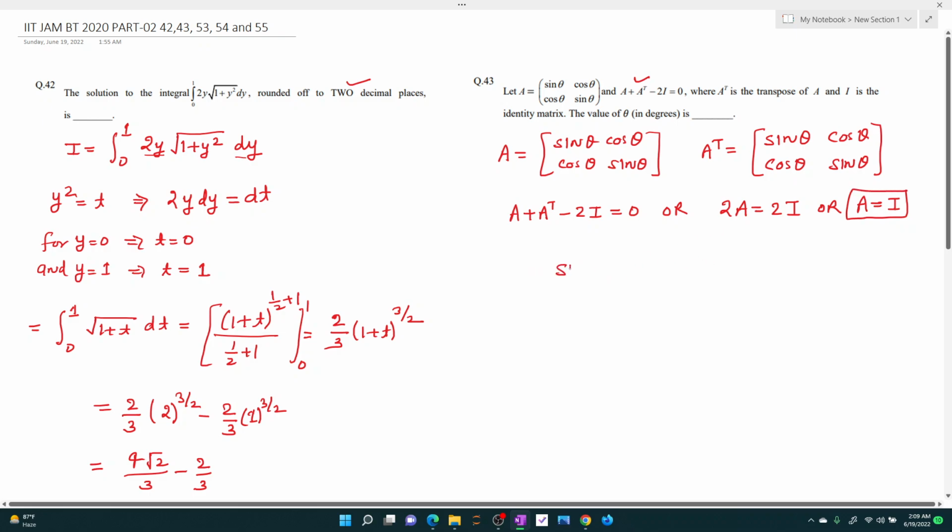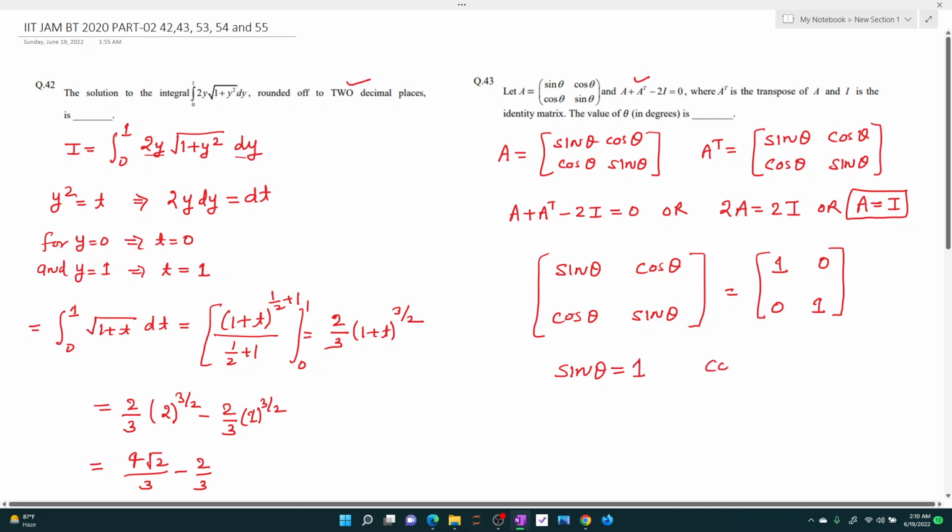Comparing the matrix with sine theta, cos theta, cos theta, sine theta, the identity matrix looks like 1, 0, 0, 1. So it simply says the value of sine theta should be 1 and the value of cos theta should be 0. So what is the value of theta? This is nothing but pi by 2.